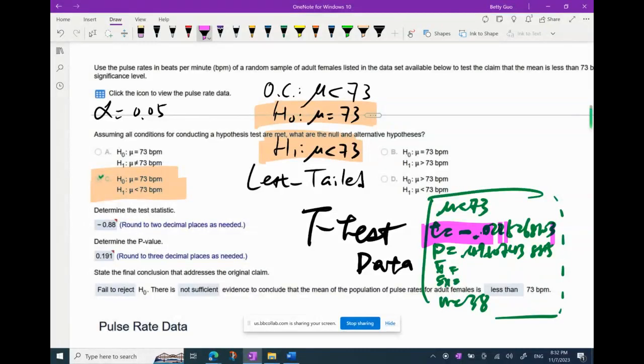How do we round it? Round it to 2 decimal places, so negative 0.03. But that's very different from the answer.